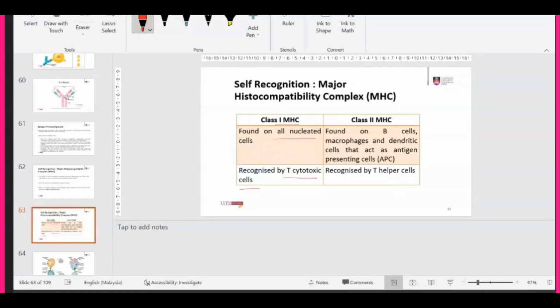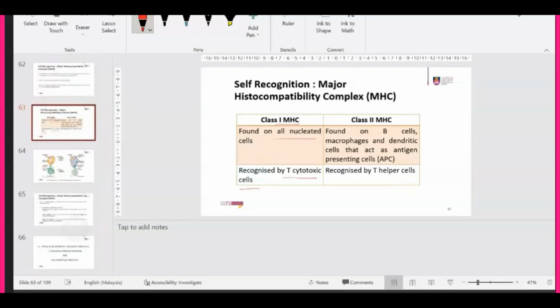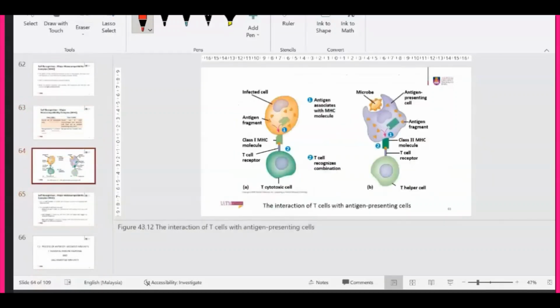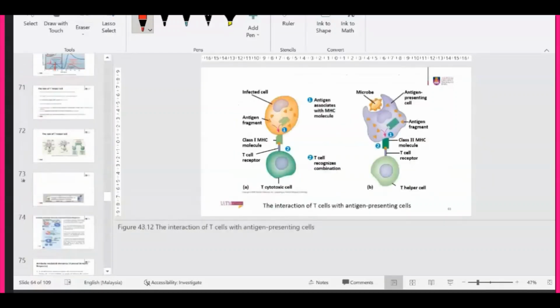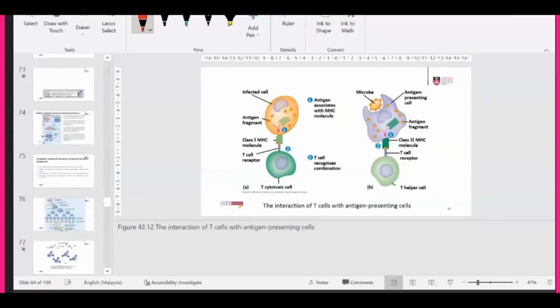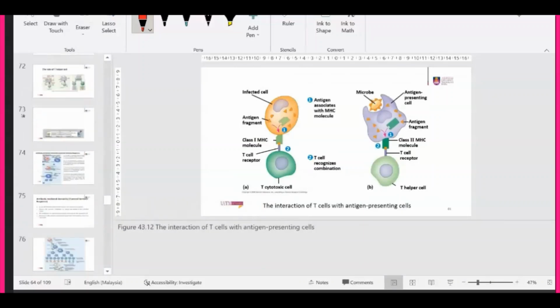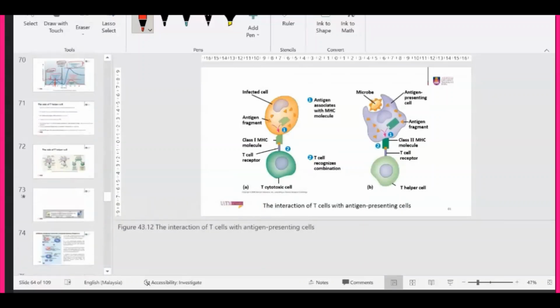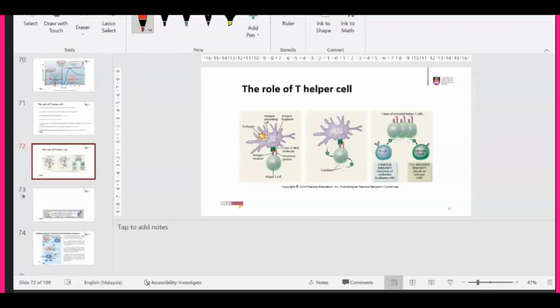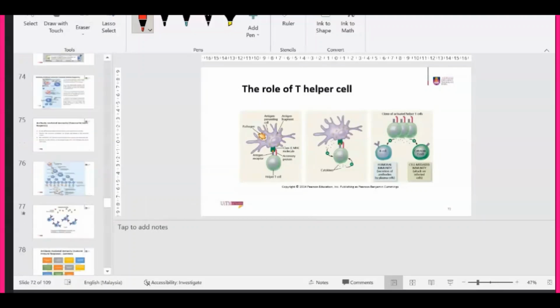Okay, so dia akan present using MHC molecule. Kalau kita tengok kat sini, kita tengok class 1 dulu. Here.